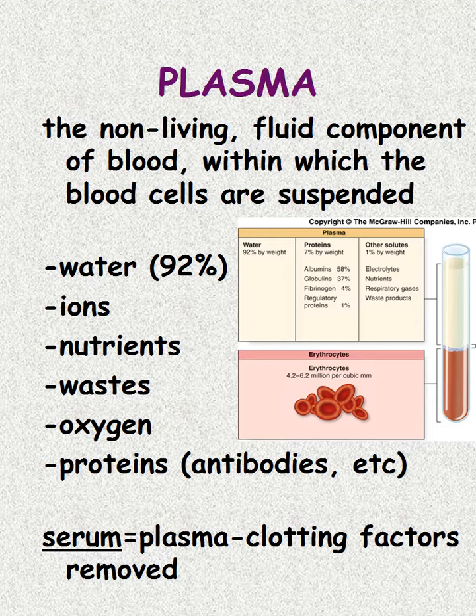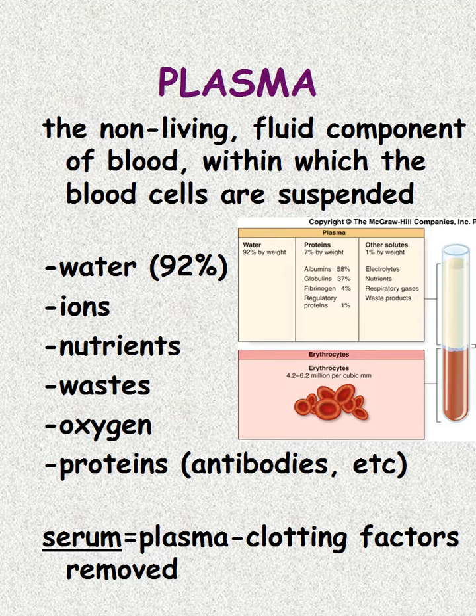Nutrients such as amino acids, glucose, cholesterol, vitamins, and fatty acids are our energy source. Our respiratory gases, which are carbon dioxide and oxygen, and our waste products, which are breakdown products of metabolism like lactic acid, creatinine, urea, bilirubin, and ammonia, are transported to the liver and kidneys where they can be excreted.